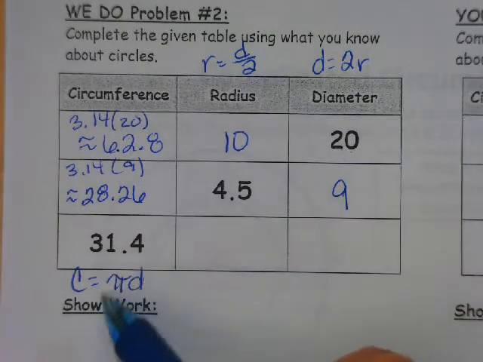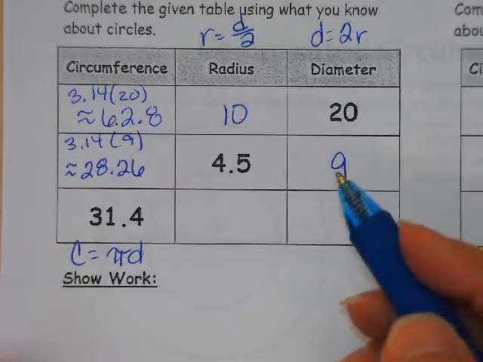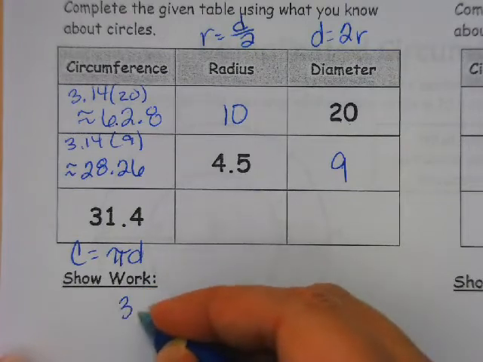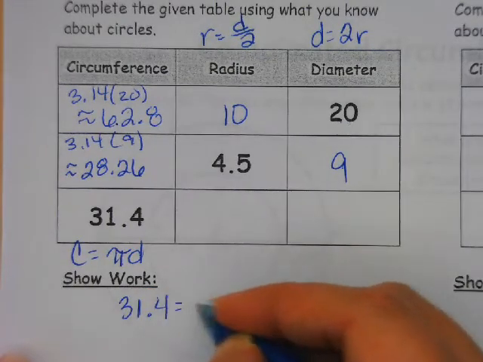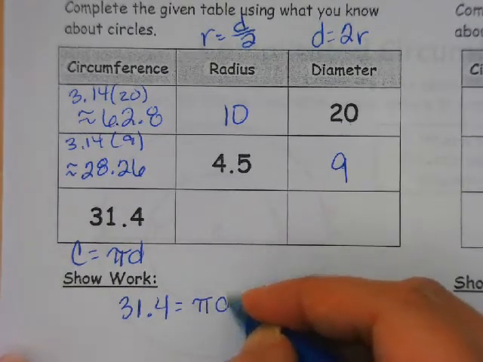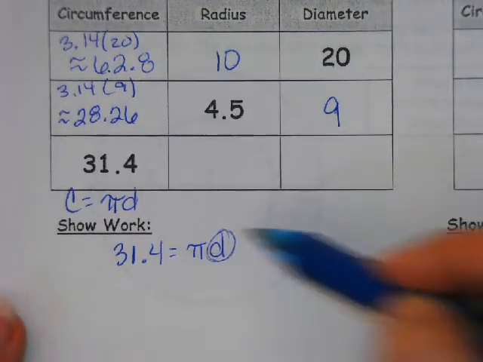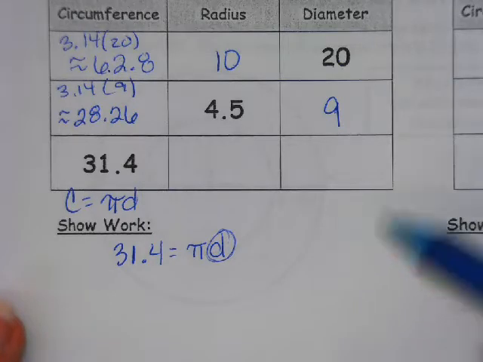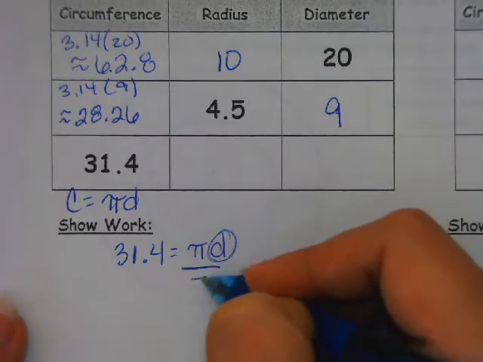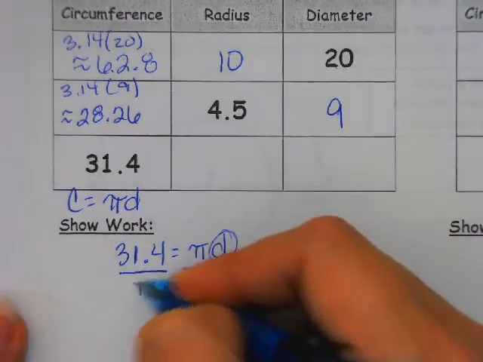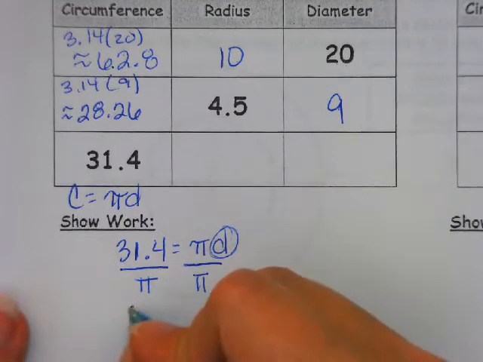If I have the circumference, let's look at this. So now I'm saying 31.4 equals pi times d. Well, if I need to get d by itself, I need to what? Divide it by pi, which is what are we going to approximate it at?